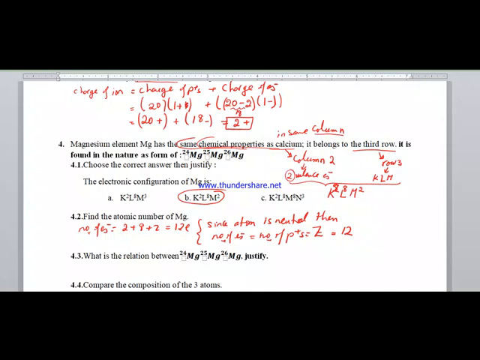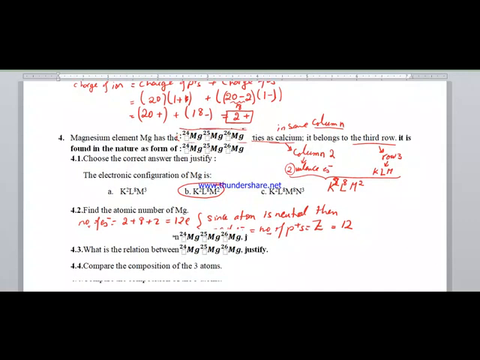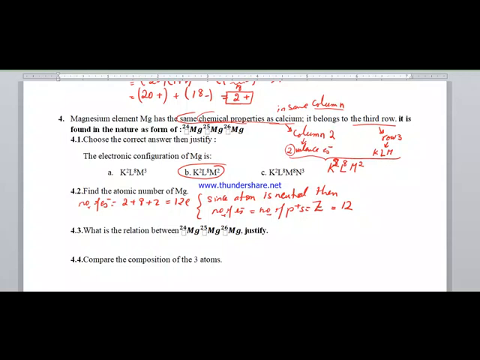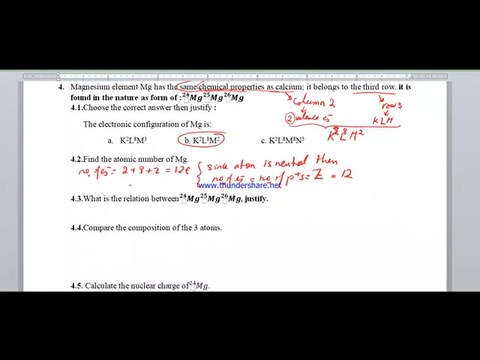What is the relation between these different forms of magnesium? All these different forms have the same chemical symbol.